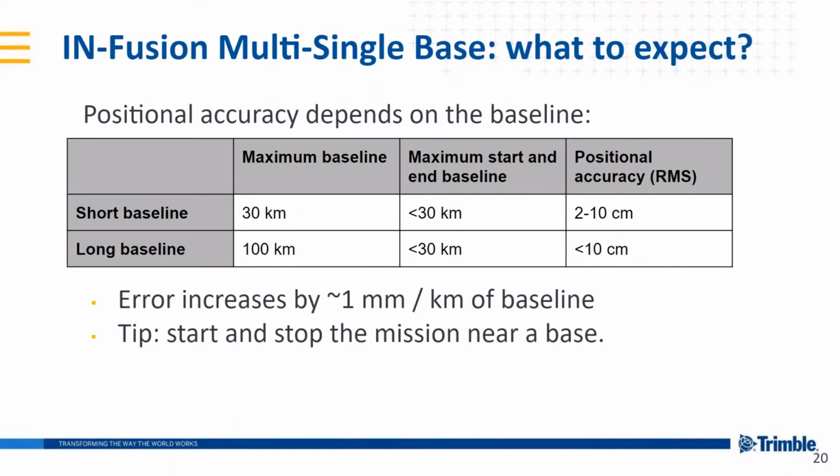And for the long baseline, you should start and stop your mission within 30 kilometers and don't go further than 100 kilometers from the base, which means you should start and stop the mission close to any one of your stations. Again, the error increases by 1 millimeter per kilometer of the baseline.